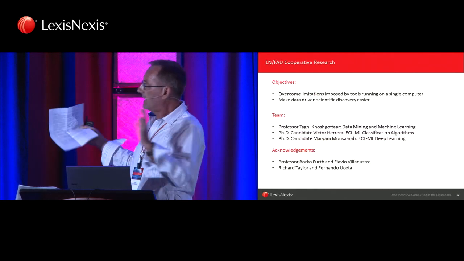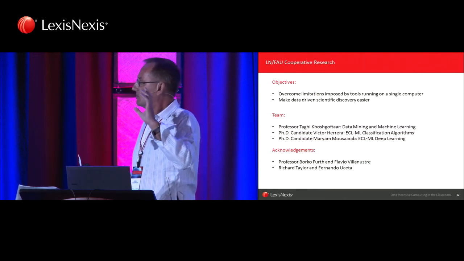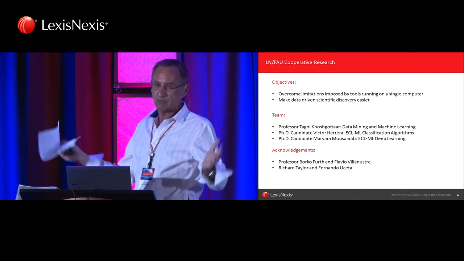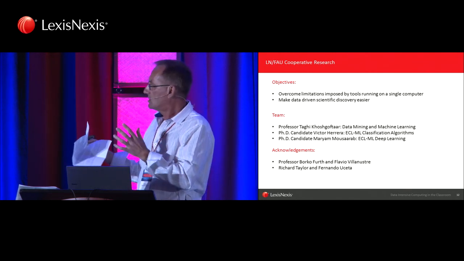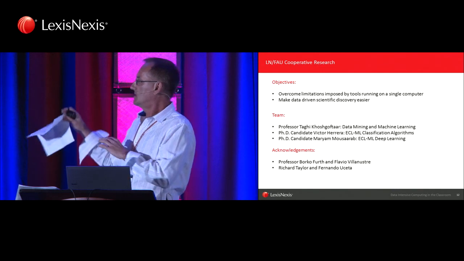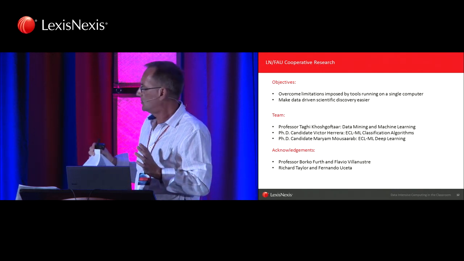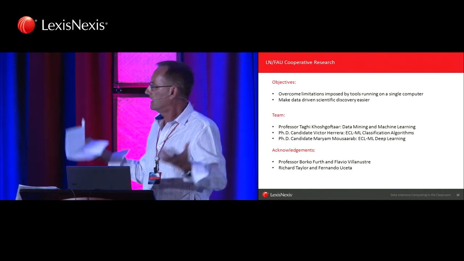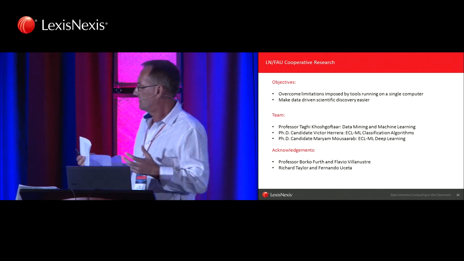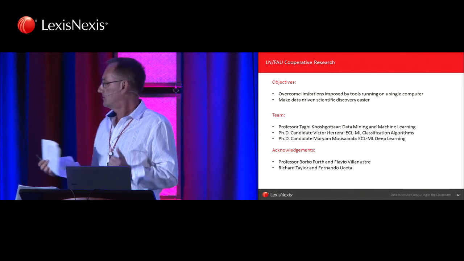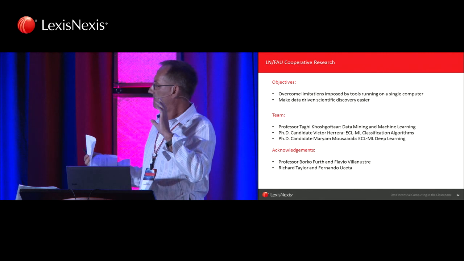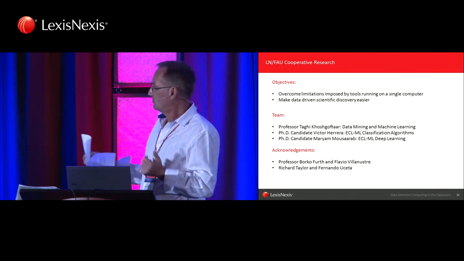So to end my presentation, the objective of our collaborative effort with FAU was to overcome limitations imposed on tools running on a single computer, so that we can actually make data-driven scientific discovery easier for people. Many people actually contributed to that.